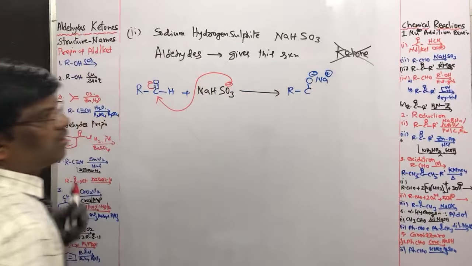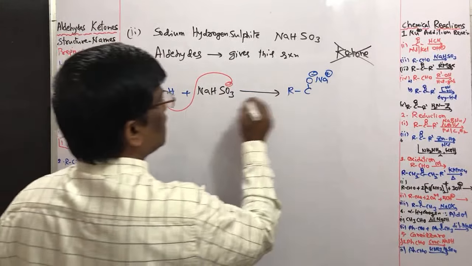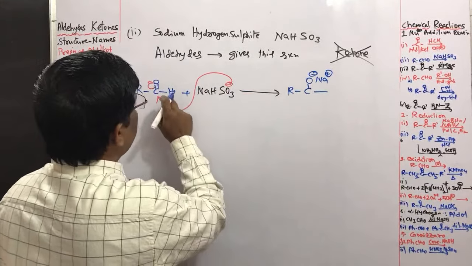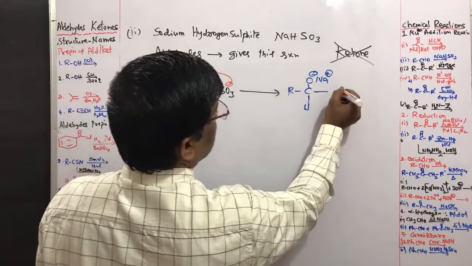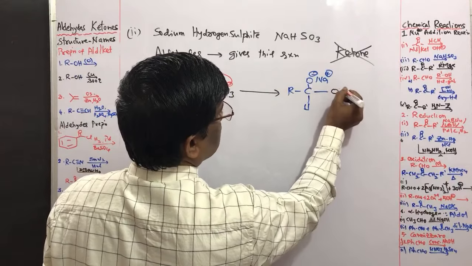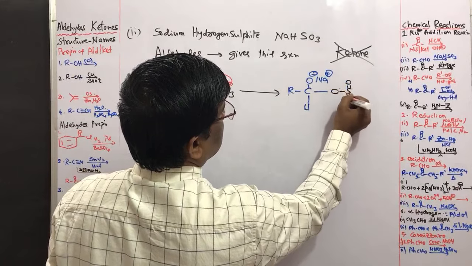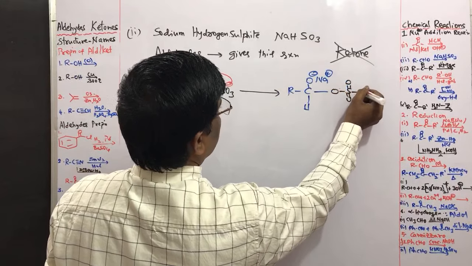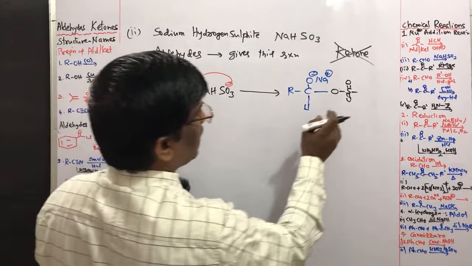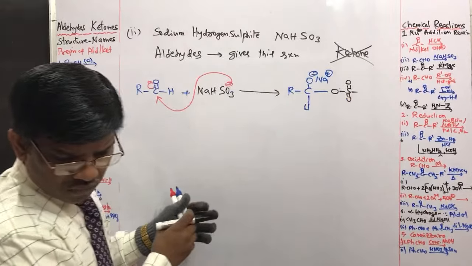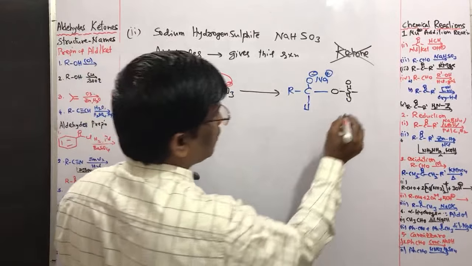It is going to form this sodium salt, oxygen, and the remaining hydrogen is here. This is the sulfonate, with oxygen and SO2Na, SO2H.